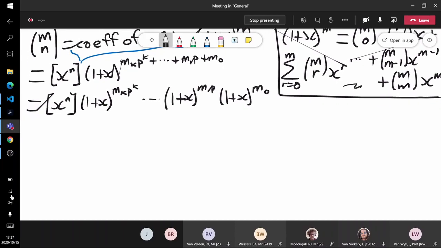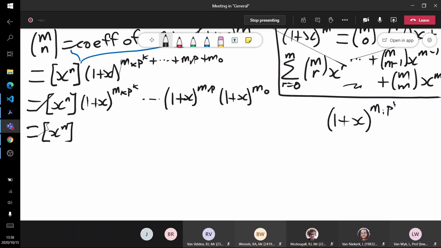Okay. And then each of these terms, we can use the lemma that we have above to simplify it. So for this first one, we have 1 plus x to the m_i, because this is the ith digit, times p to the i.